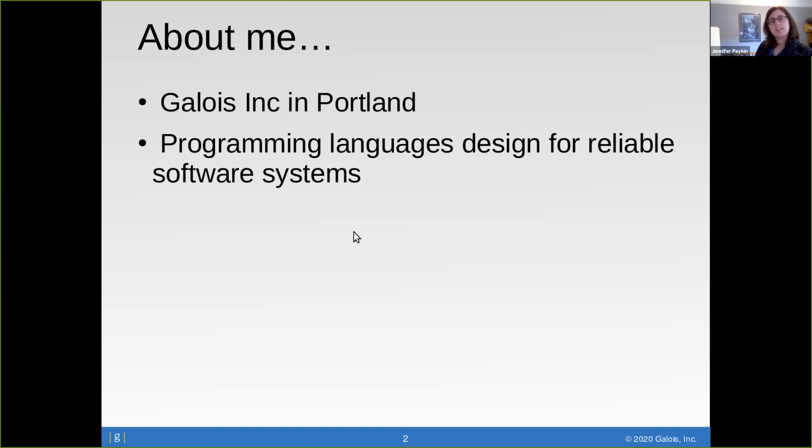One of our specialties is developing programming languages and programming language tools in order to build reliable software systems. That's my specialty, my background, and that's my perspective coming into quantum computing.